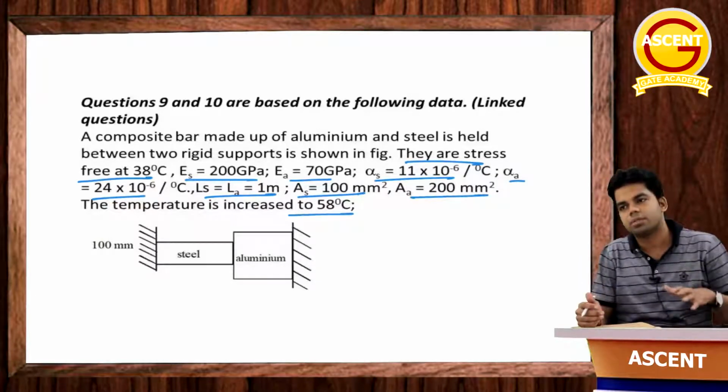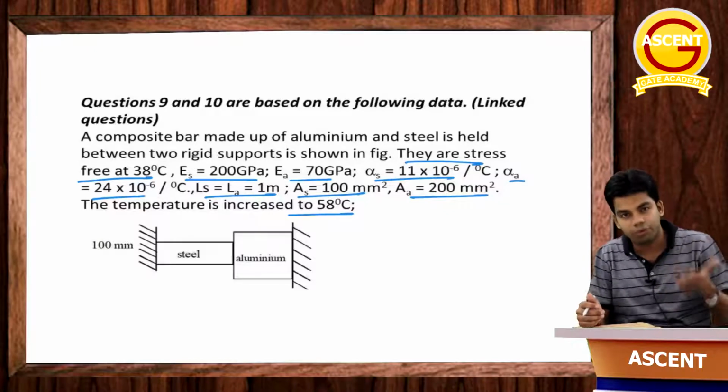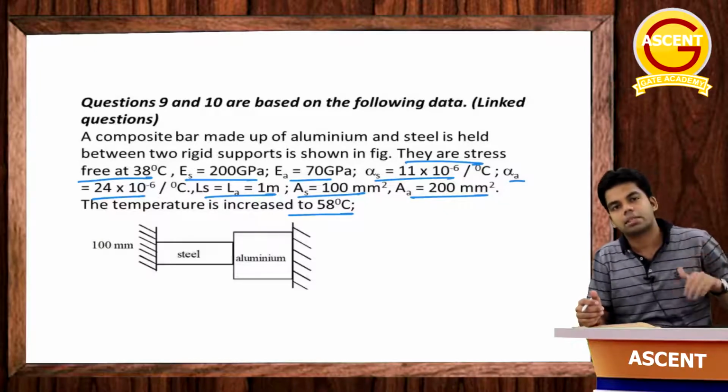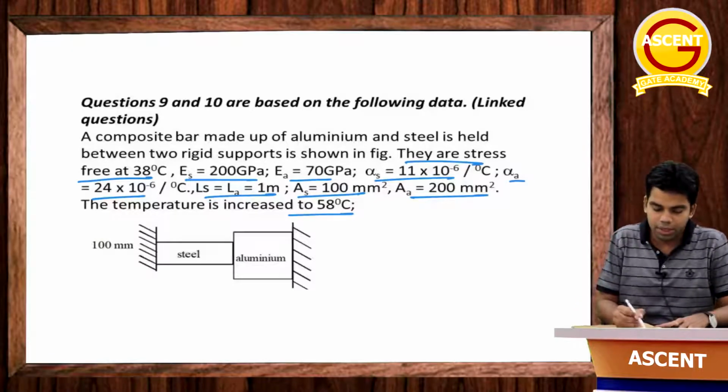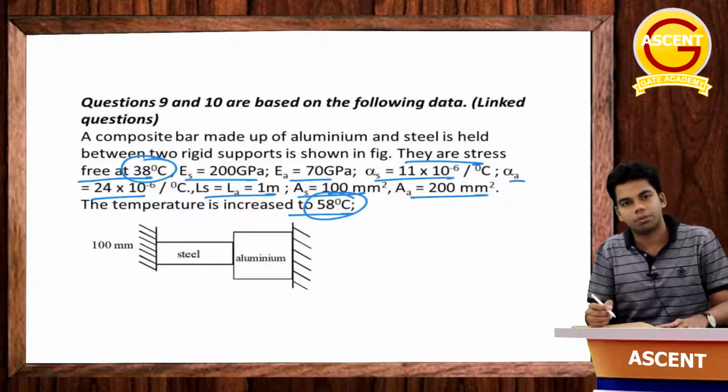There is a difference between temperature is increased to 58 degrees centigrade and temperature is increased by 58 degrees centigrade. Initially the temperature is 38 degrees centigrade. This temperature is increased to 58, meaning the final temperature is 58 degrees centigrade.